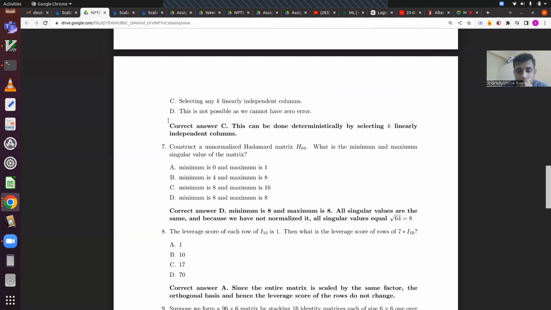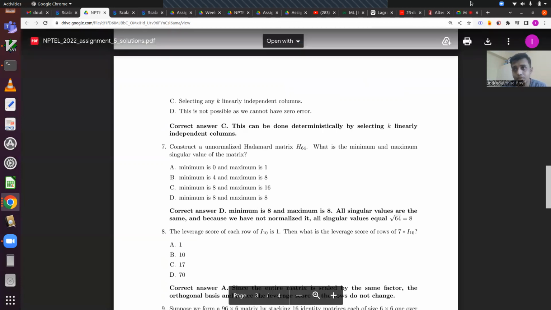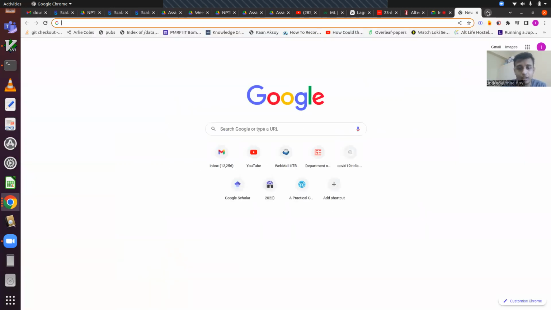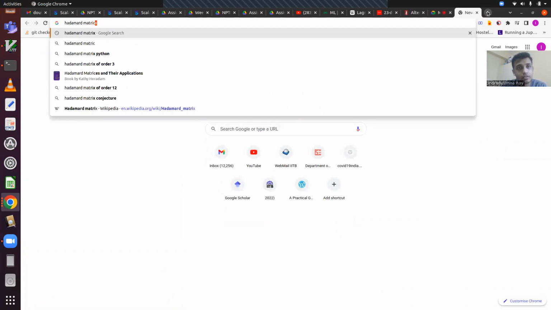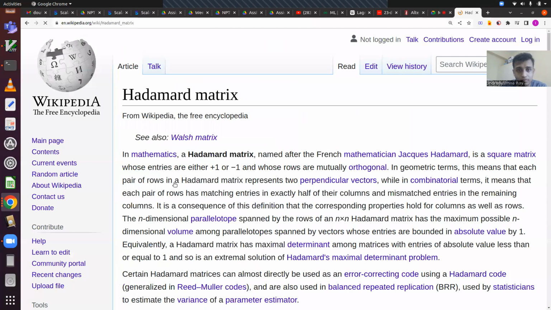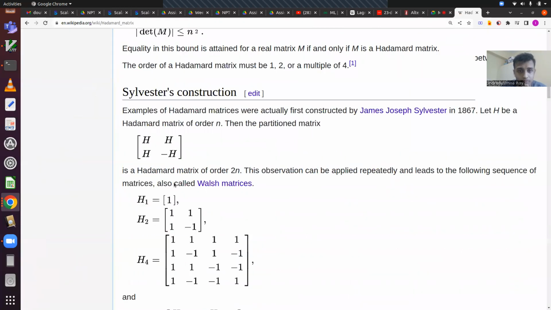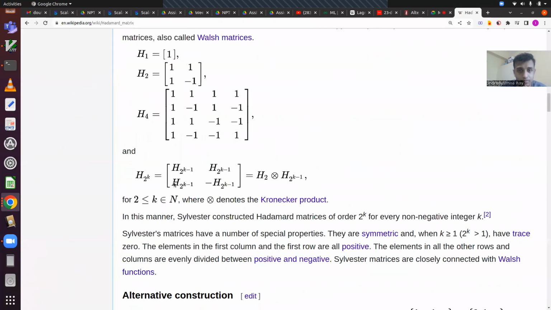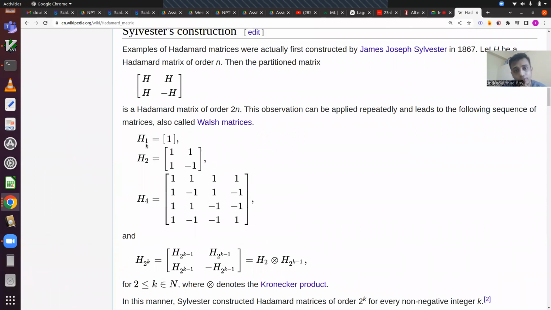Okay, so 64 is, let me just see, Hadamard matrix. Okay, got it. So to construct it, it is this formula. It is a recursive procedure.